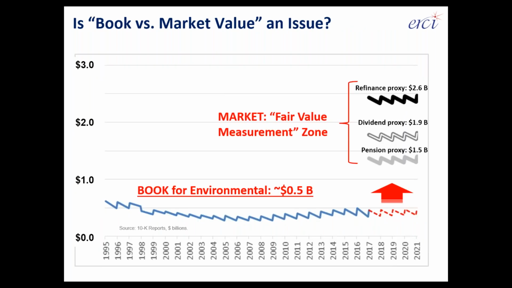In fact, if you do some other calculations with things like pension assumptions or dividend assumptions or even paying the interest on bonds, you come up with fair value measurement approximations or proxy values in the 1.5 to $2.6 billion range. So in other words, we see that there's a significant material difference compared to $500 million that's explicitly stated as the value of the liability.